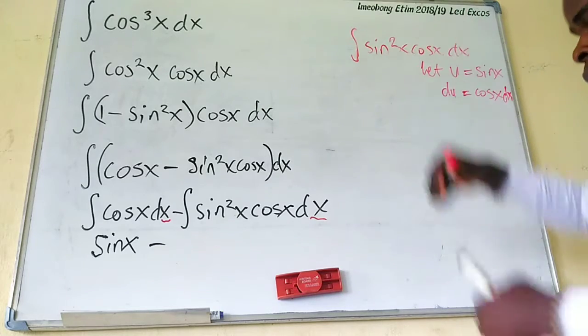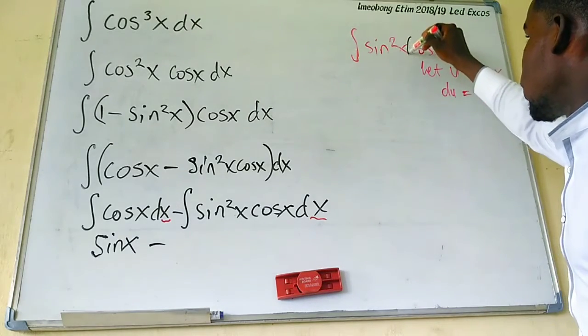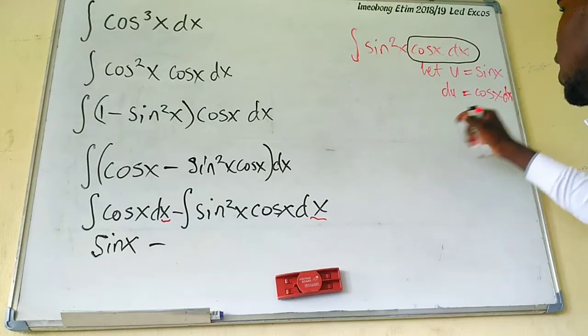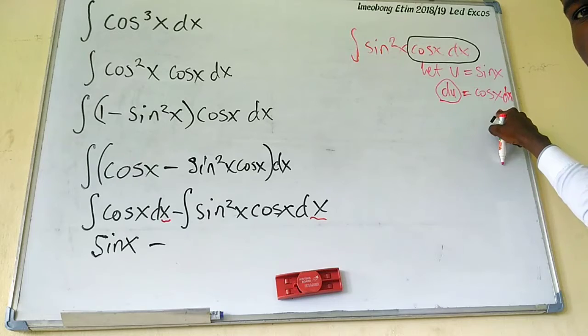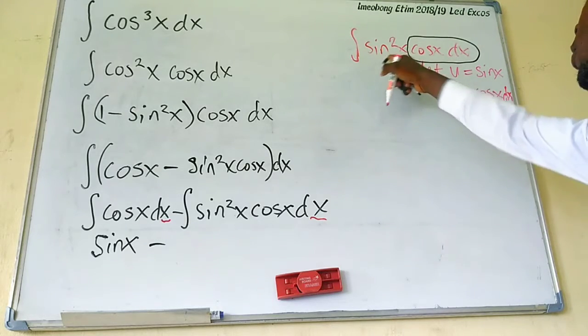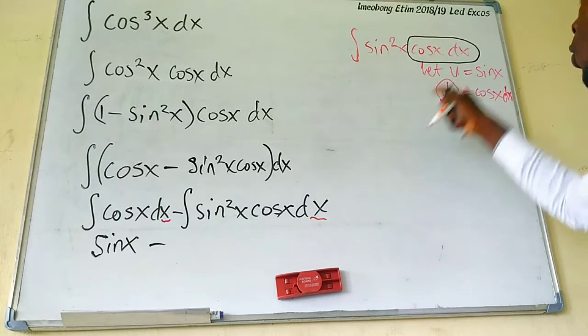So here, you can see that we have cosine x dx, so du can replace cosine x dx, and in place of sine square x, you just put u squared.